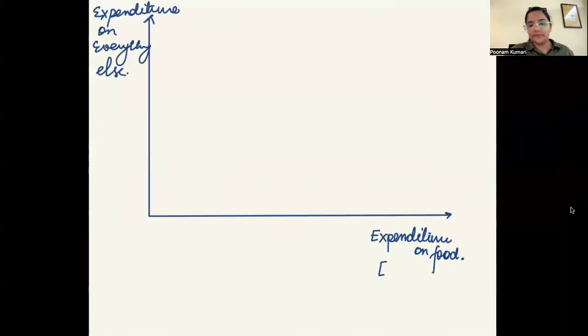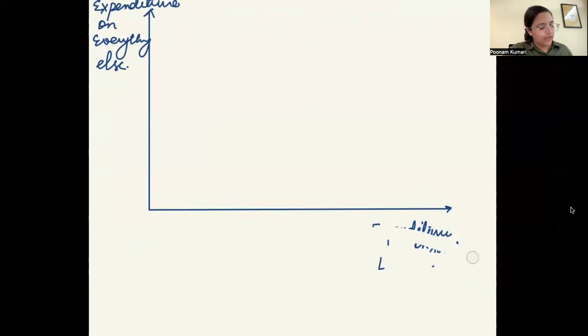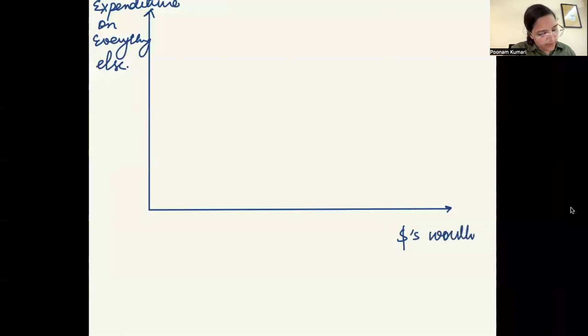Rather than writing expenditure on food, I can say dollars worth of food. This is X, right?